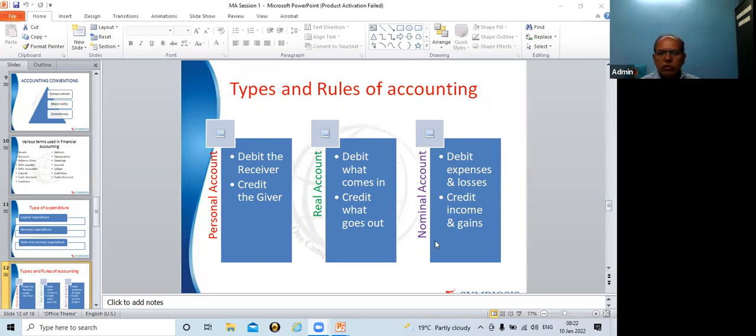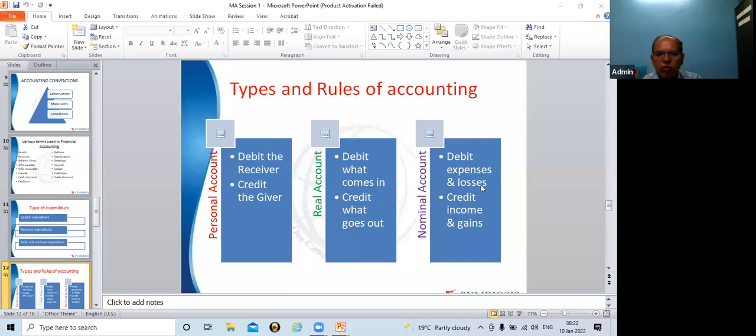Third box, which I have mentioned here, nominal account. Nominal account comprises all kinds of expenses as well as losses. Let me share what kinds of expenses there are. Expenses like electric bill, telephone bill, repair and maintenance, maybe depreciation.